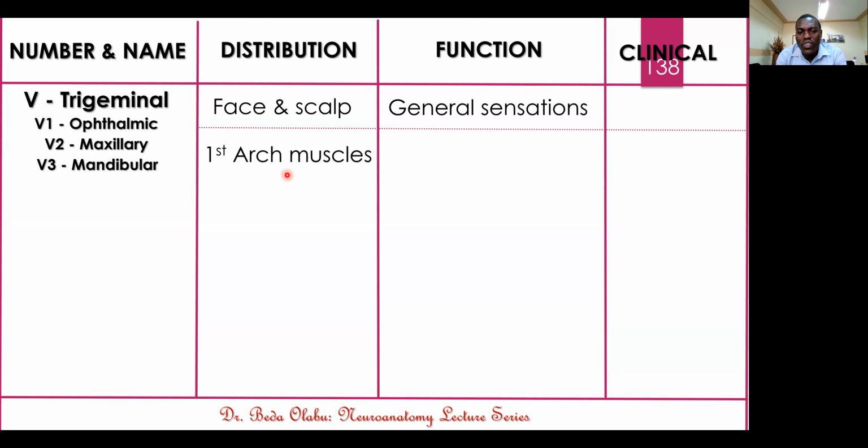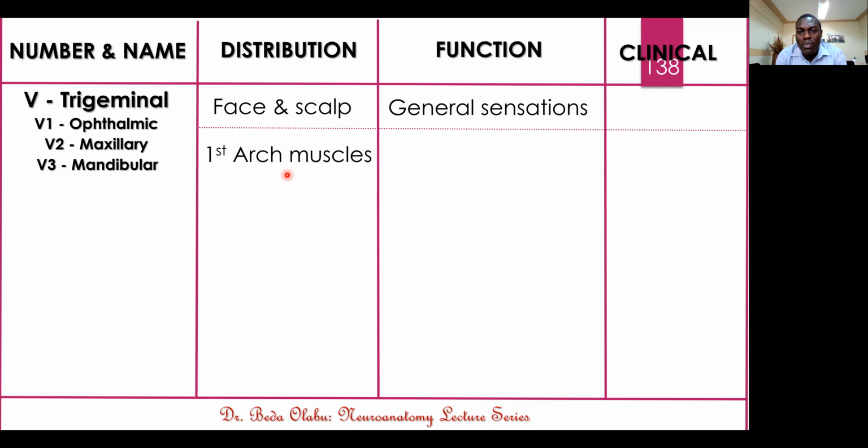At some point of development, there are some paired bars that appear in the head and neck region, which look like the gills of fish. We call those paired things the pharyngeal arches. In humans, we have 5 pharyngeal arches.